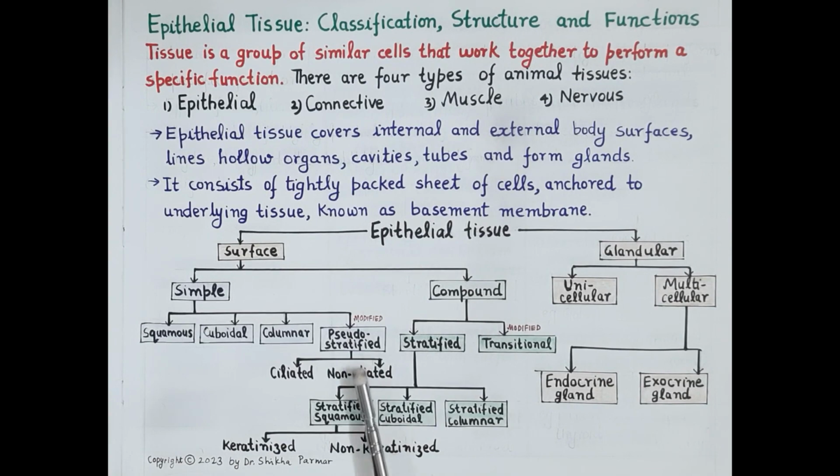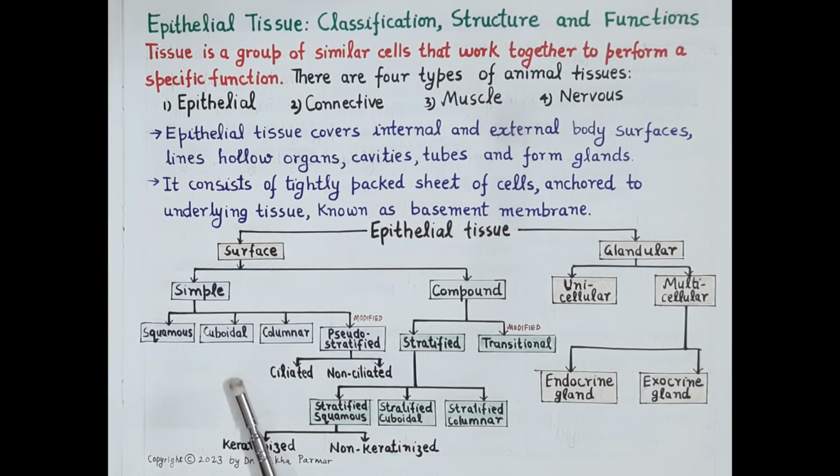It can be ciliated or non-ciliated. The primary function of simple epithelial tissue is to act as a barrier, or it is also involved in secretion, absorption, exchange of gases, transportation of nutrients, etc.